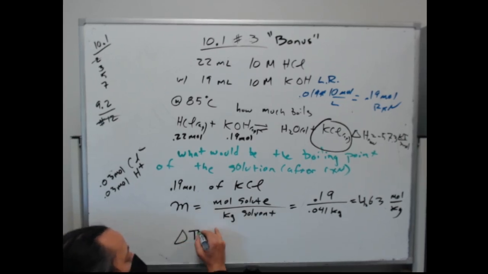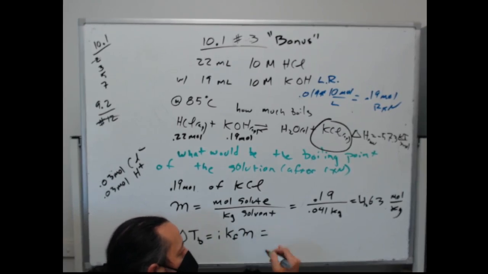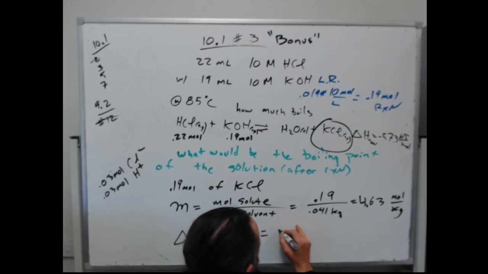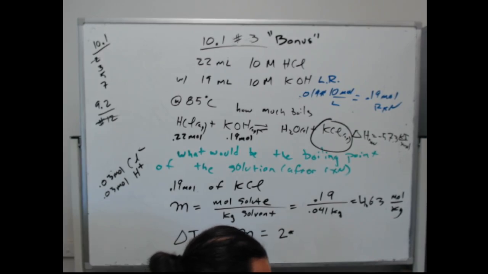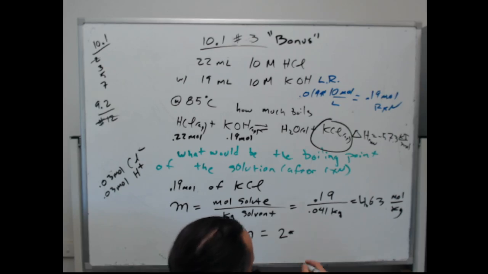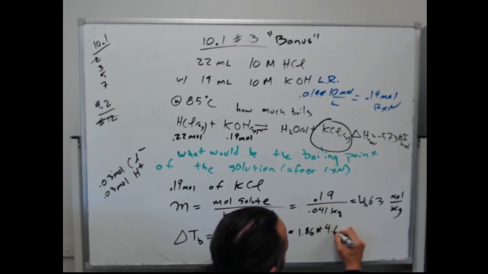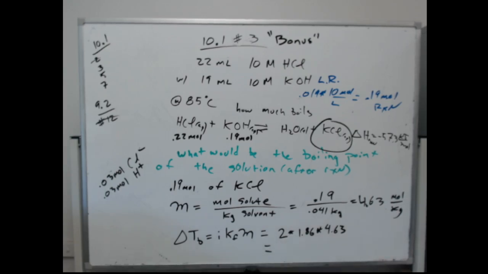Now, my delta TB is going to be i K_f times molality, where if I'm just looking at the KCl, that's going to be an i of 2. The freezing point constant for water is 1.86, and my molality is 4.63. Oh my god. This is wild.